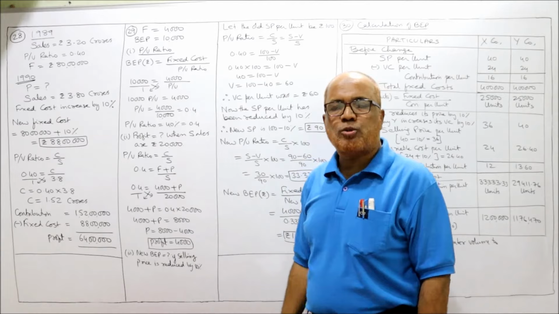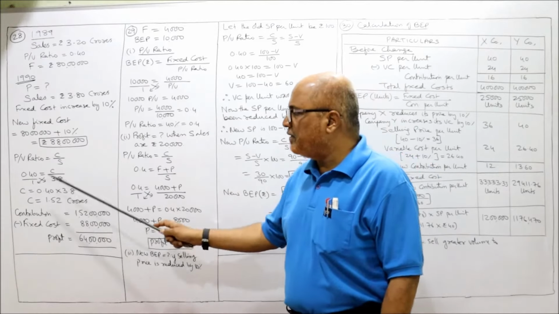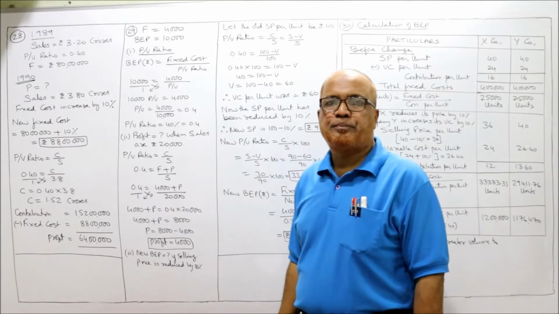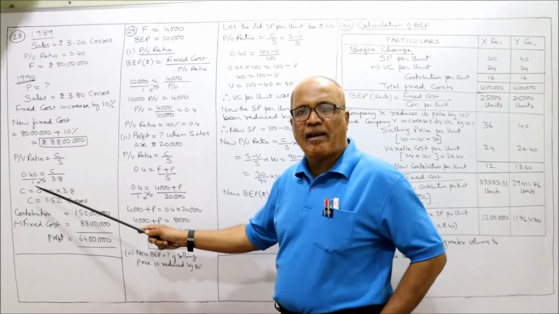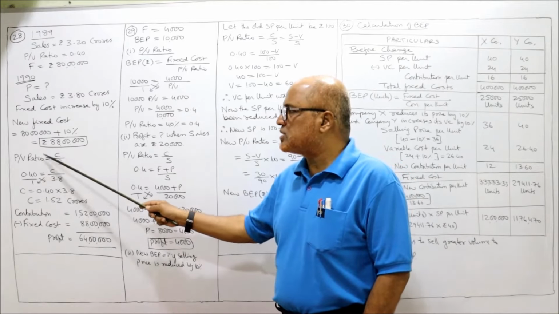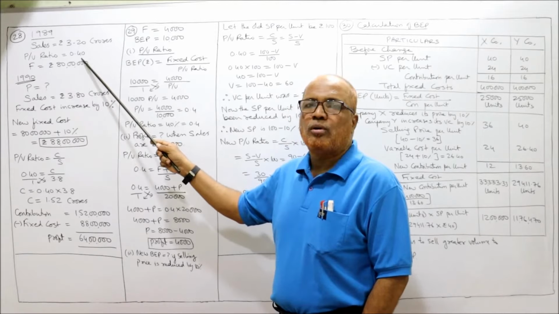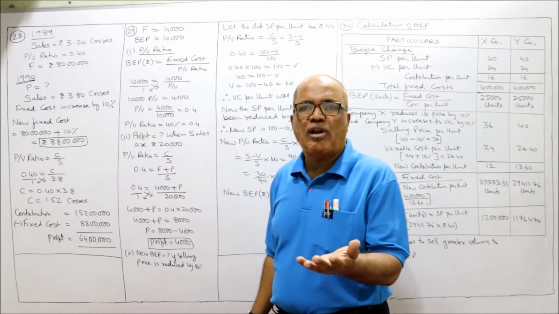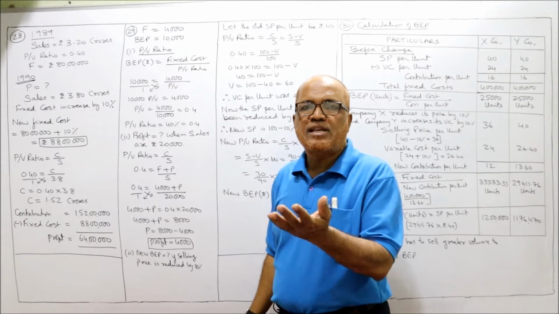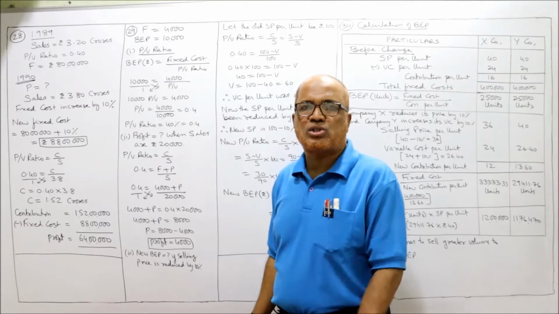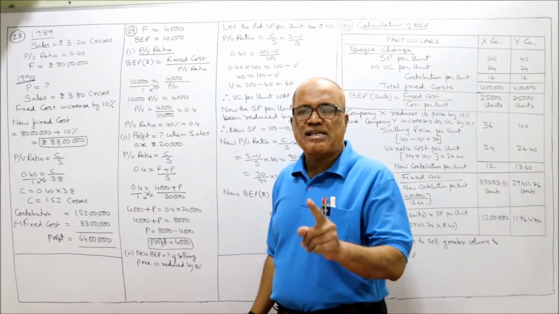So first of all, PV ratio. By using PV ratio, we will calculate the contribution. The PV ratio is equal to C by S. What is the PV ratio last year? 0.4. We assume PV ratio will remain same because there is no change in variable cost and selling price per unit.